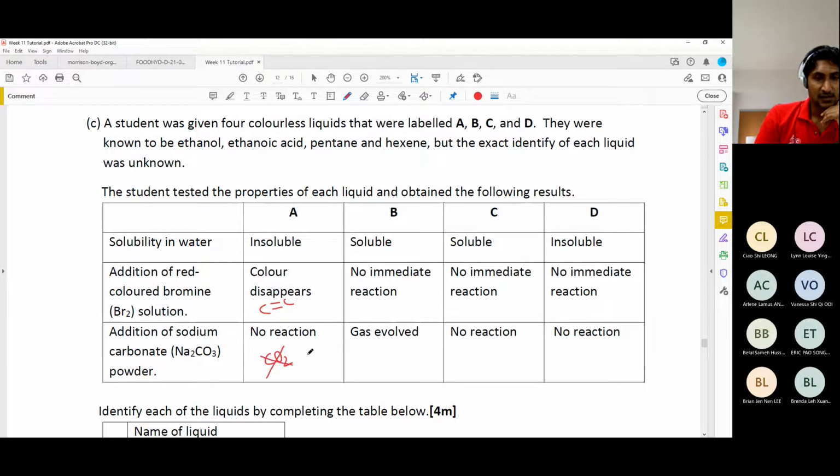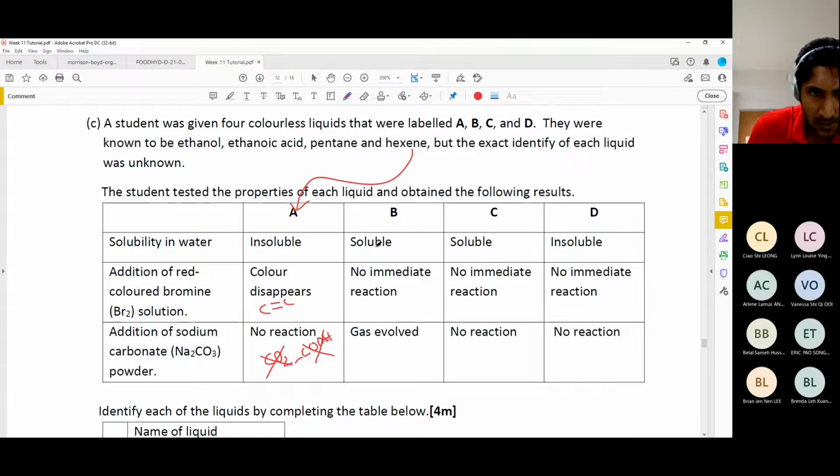So it does not. So it does not have a COOH group. It is insoluble, that means it is a nonpolar organic chemical, and it has a double bond. So most probably it is hexene.